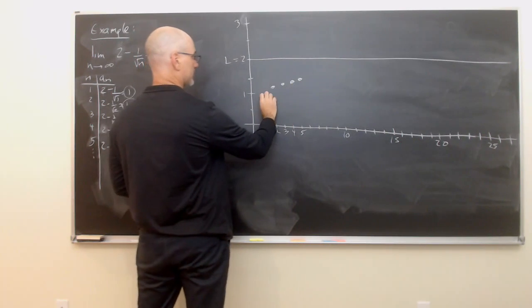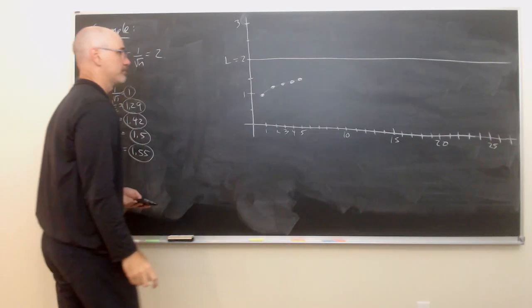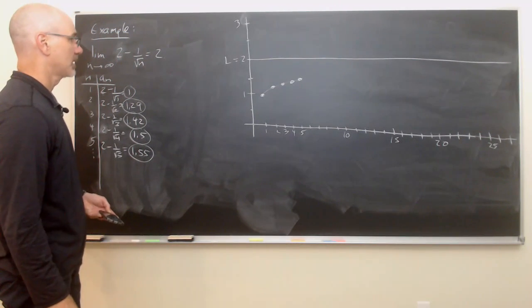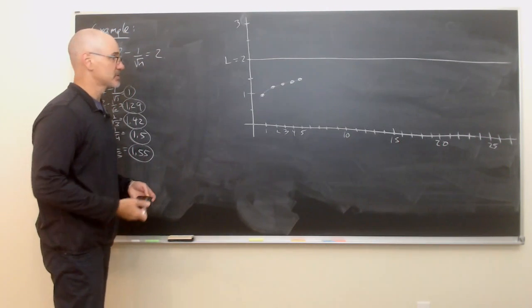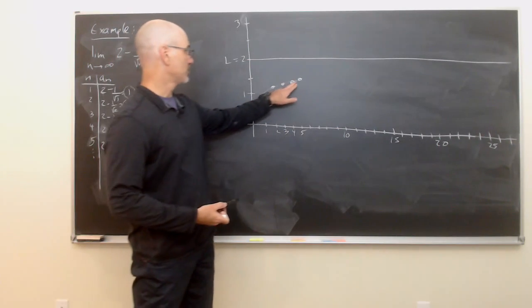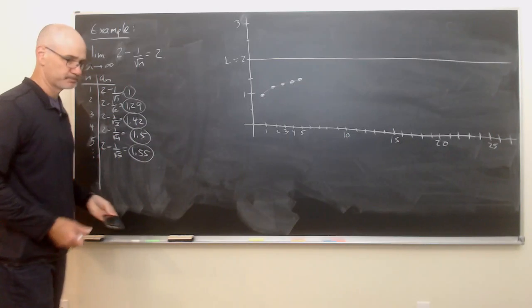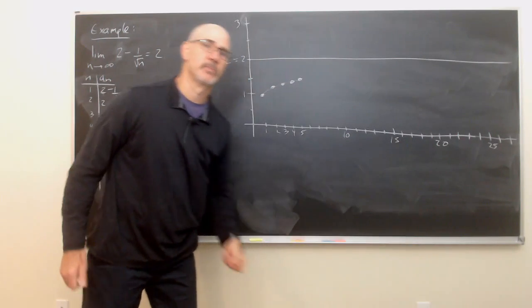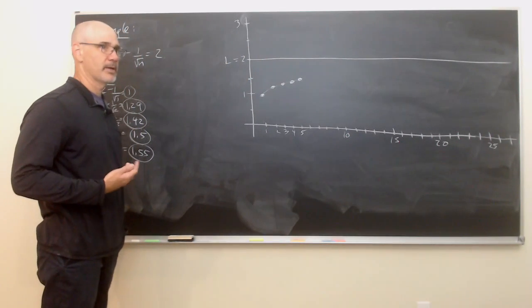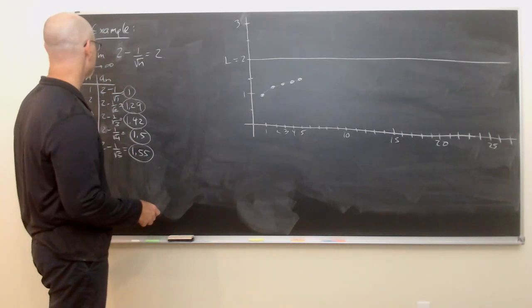So it looks like we're sort of going up and bending a little bit. So those are the first few terms of the sequence, and we can kind of see that as we move along, we're going to be kind of rising up towards L equals 2. All right, but we want to kind of see how we could apply the definition to this sequence.